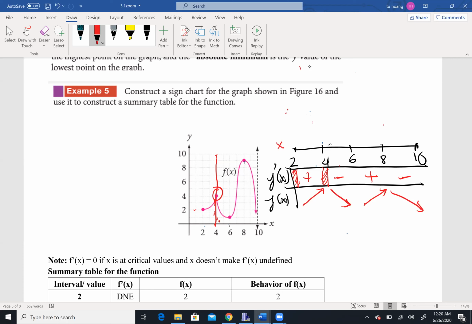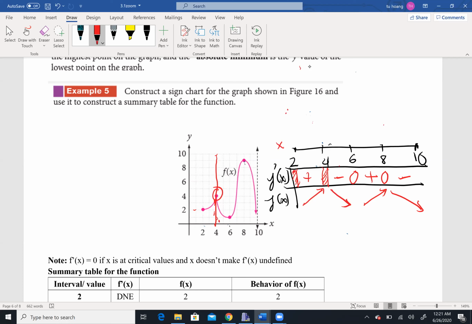And at 6 and 8, you see that f of x smoothly goes through. So I'm gonna have f of x in here. At x equal to 6 and 8 it has to be equal to 0 because these are critical values.